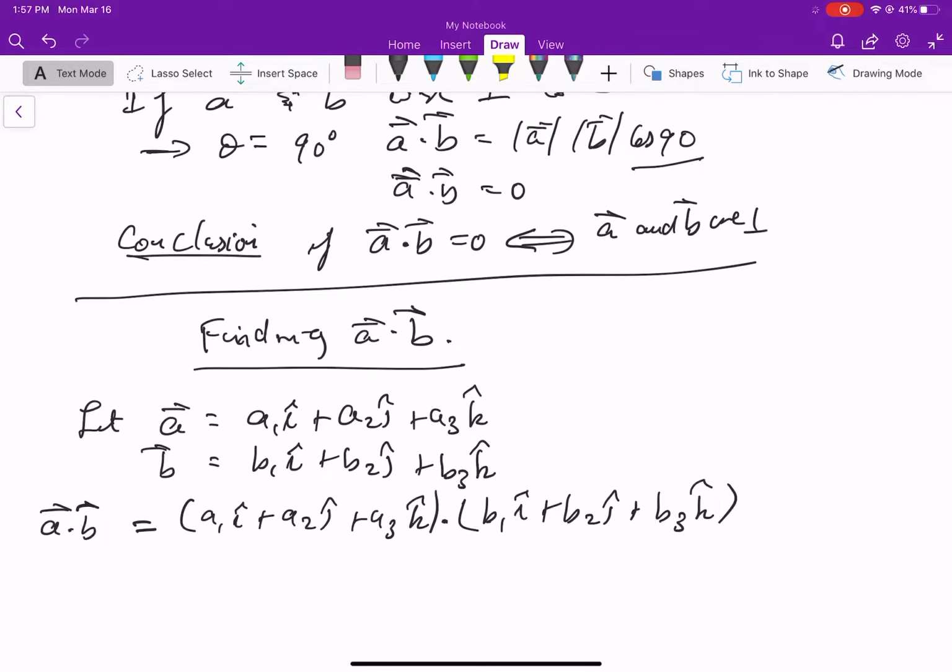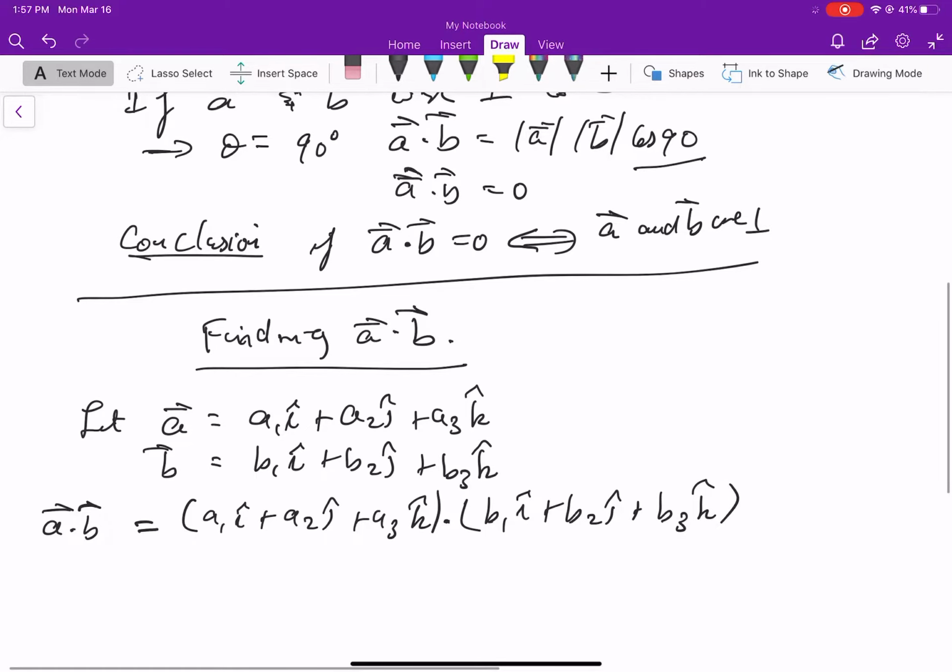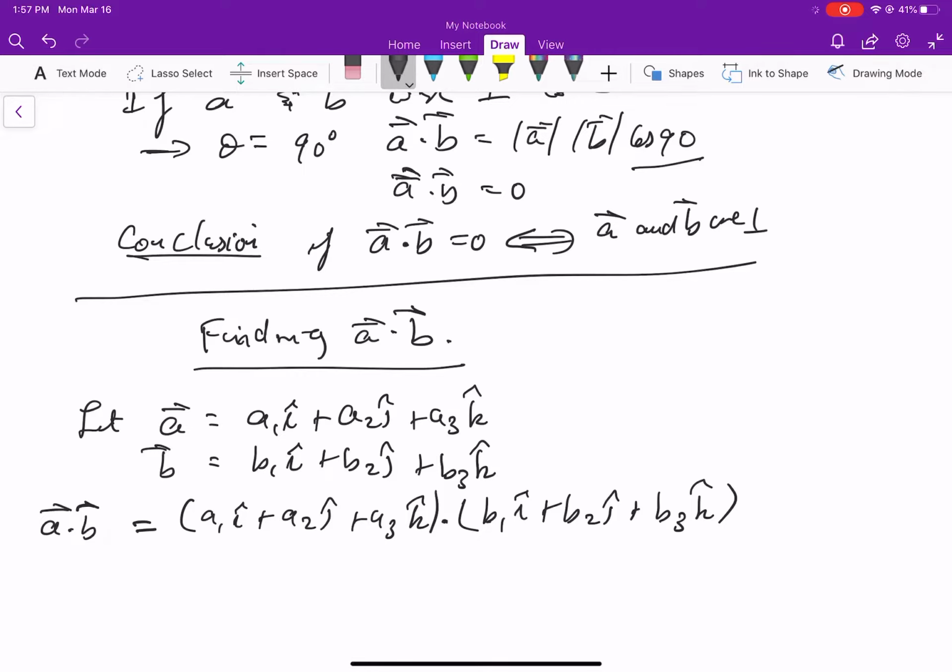And the objective of multiplying, okay, what's happening here? We simply multiply each term in the first bracket by each term in the second bracket.